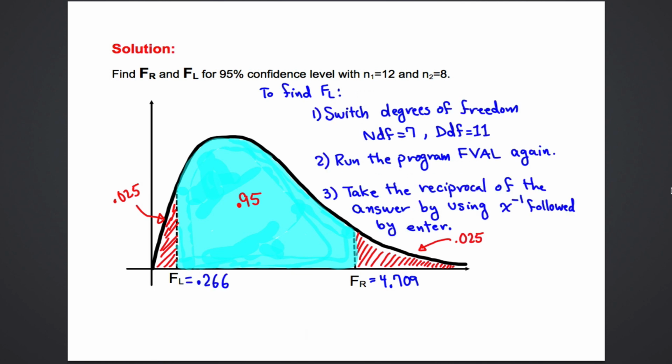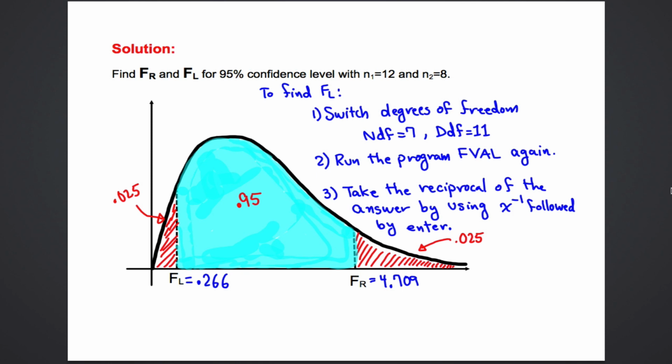Now, for finding the left critical value, FL, first we need to switch the degrees of freedom. So now the numerator degrees of freedom is 7, and the denominator degrees of freedom is 11. We run the program fval, just like we did, and whatever the answer is, we take the reciprocal of it by using the x to the negative 1 key, which is directly above x squared.